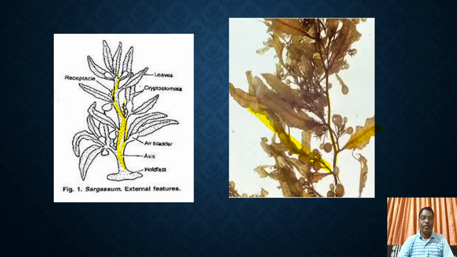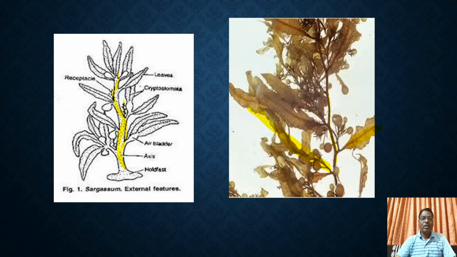Then these are the secondary laterals or leaf-like structures which are brown in color due to the presence of chlorophyll A, chlorophyll C, and a brown pigment fucoxanthin, which is dominant and masks the green color of chlorophyll A and chlorophyll C, and therefore the thallus structure apparently looks brown, and so we refer to it as a brown algae.